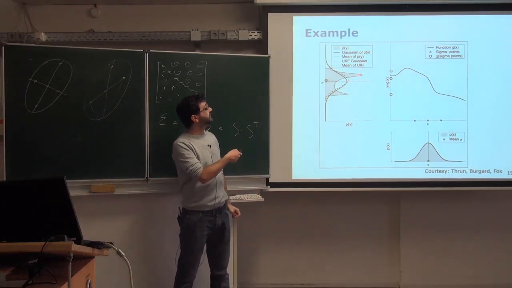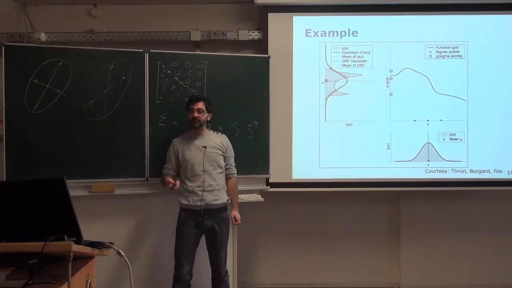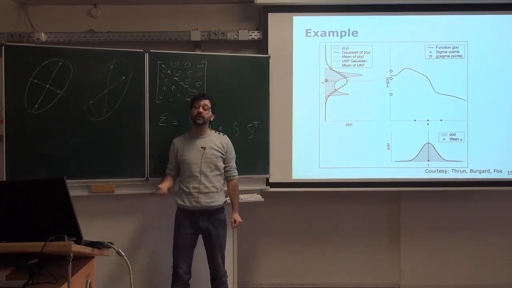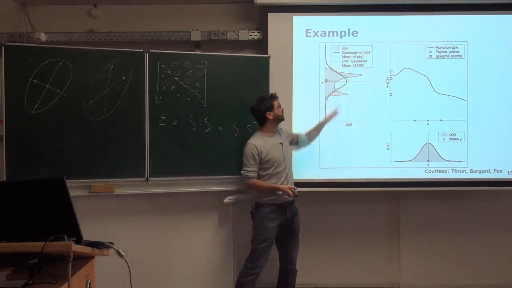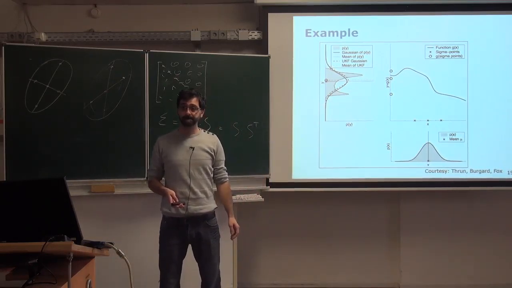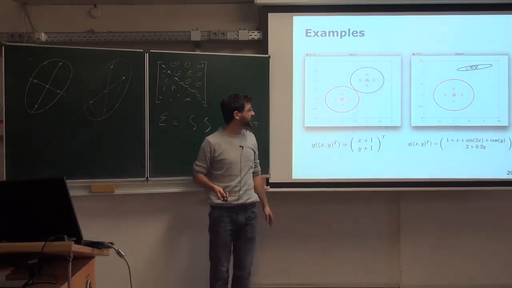If you compute now the mean and the covariance of the resulting function, you get this solid shape here. And if you use the unscented Kalman filter, then you will get this dashed line, and this will be the mean. So you get something which is very close to the original distribution.